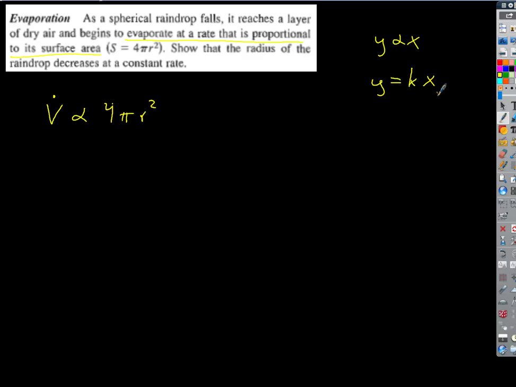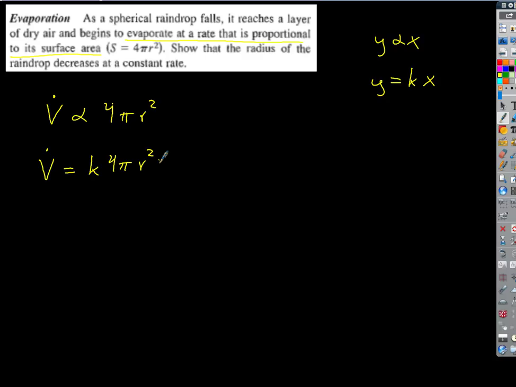We don't know what it is, but it has to equal some constant times x. If K is 2, then y would always be twice as big, but they would change proportionally. If K is 1/2, then x would be twice as big, but they'd always be proportional. So this becomes V dot equals K times 4 pi r squared.